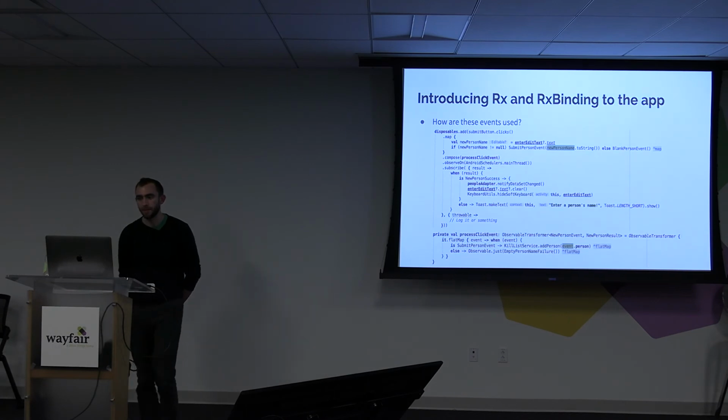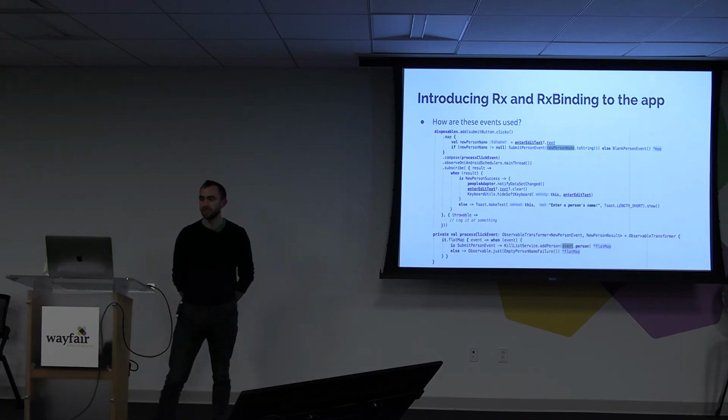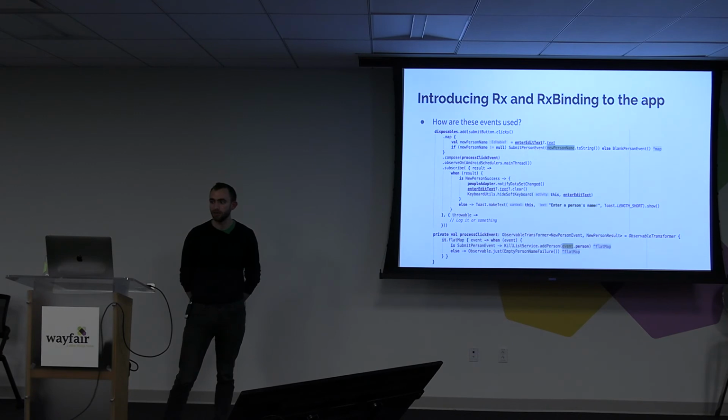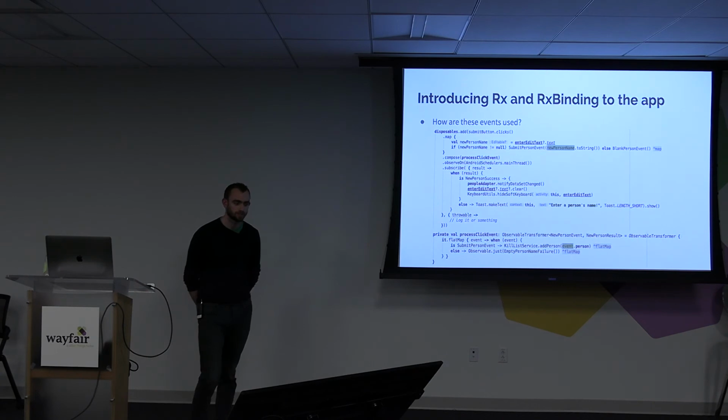So how are these used? We can use the clicks extension method on all UI views, which comes with RxBinding, to streamline our click event from the submit button into one of these new submit person objects, or submit event objects.